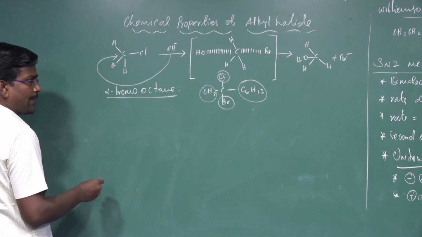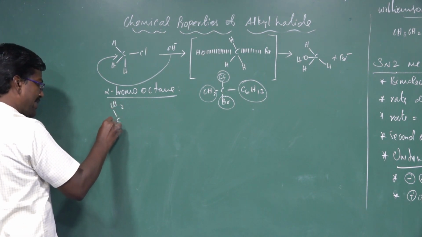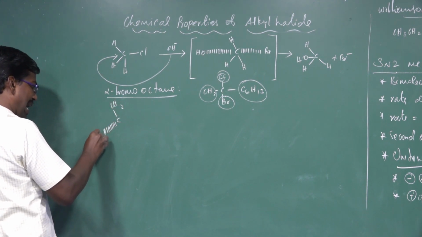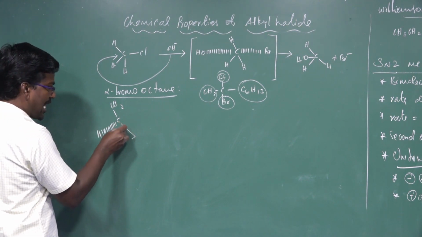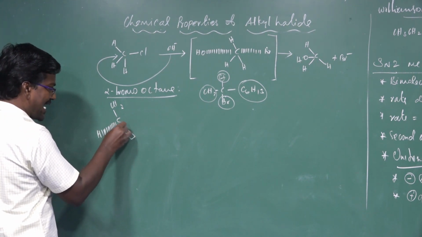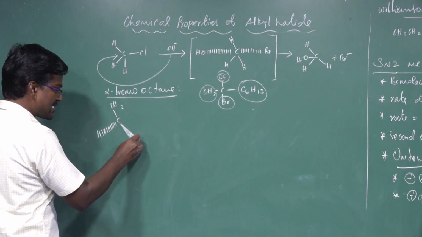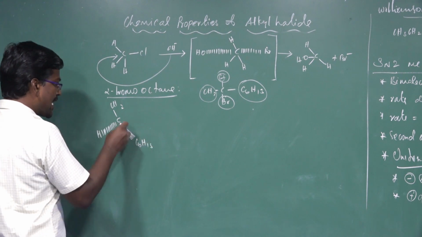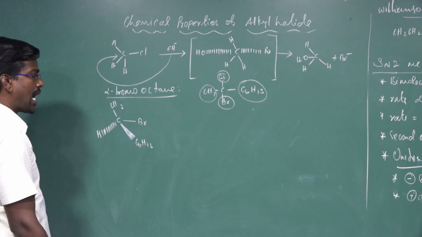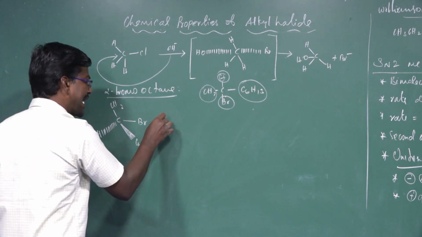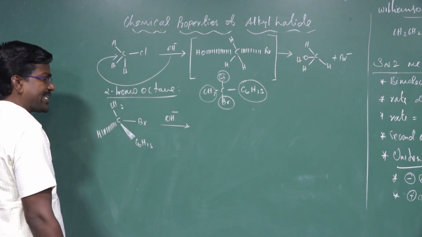That compound can be represented by carbon, CH3, and the hydrogen atom far away from the eye. In this way, the alkyl group is present towards the eye, represented as C6H13, and the carbon is bonded with the bromine, Br. 2-bromo-octane reacts with the nucleophile OH minus ion, from sodium hydroxide or potassium hydroxide.